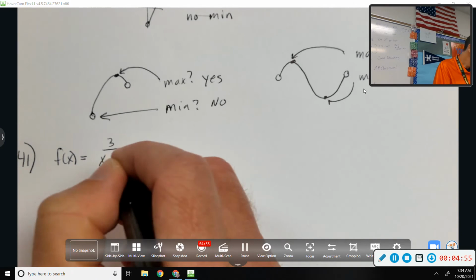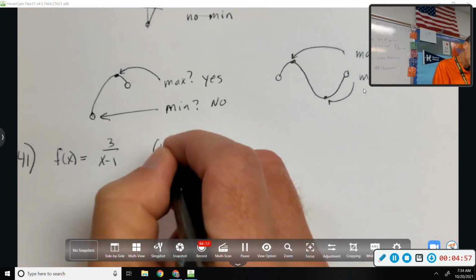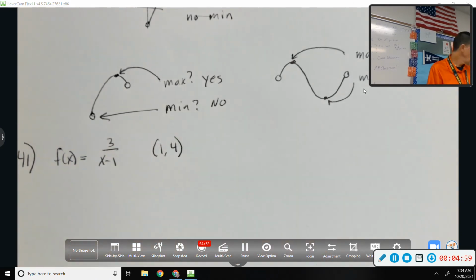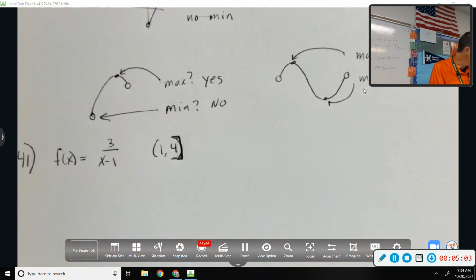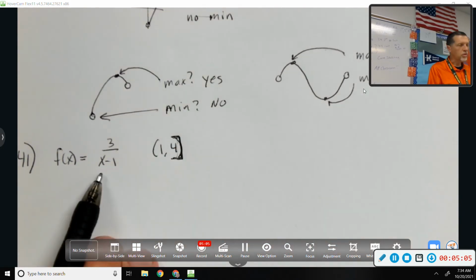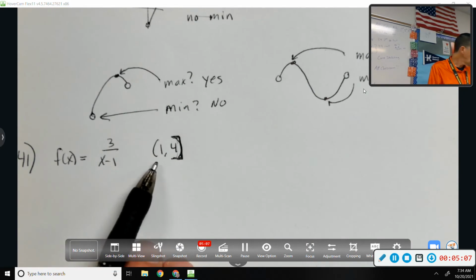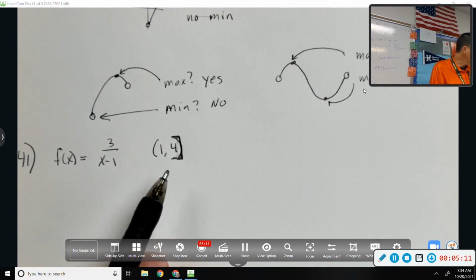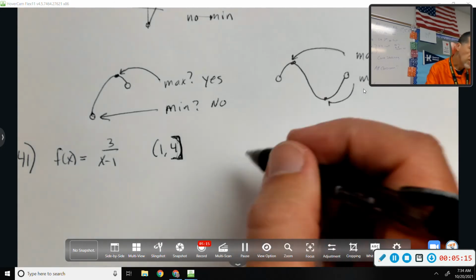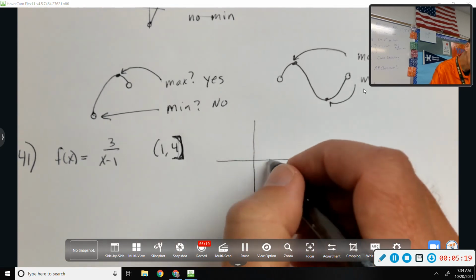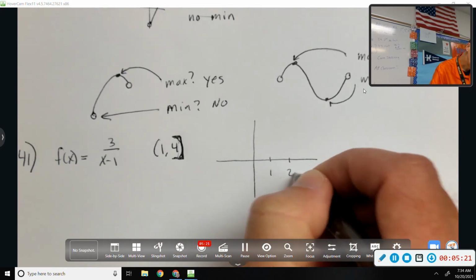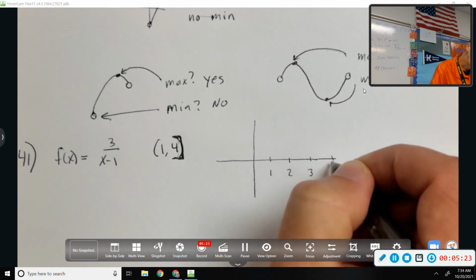Uh-oh, this could be the same situation here. 1 to 4, don't include 1, do include 4. Although there's an asymptote at 1, so that would be why we can't include it. Use a graphing utility to graph the function and find the absolute extrema of the function on the given interval. So this one specifically says use a graphing calculator, but I think I can do it without.